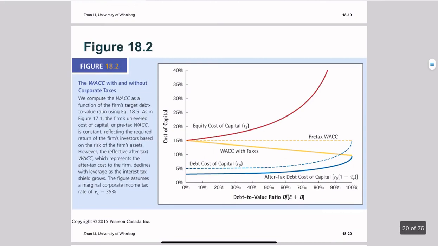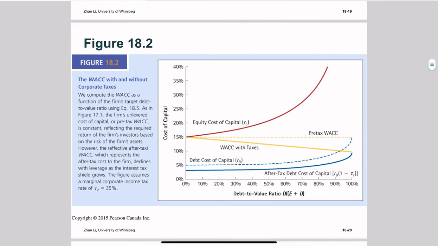And we could also see this result from this nice picture. So what you can see here is, first you can see that you have this pre-tax WACC, which is a horizontal line, right? So we assume pre-tax WACC measures the risk of this firm's asset or the risk of this firm's business operations.